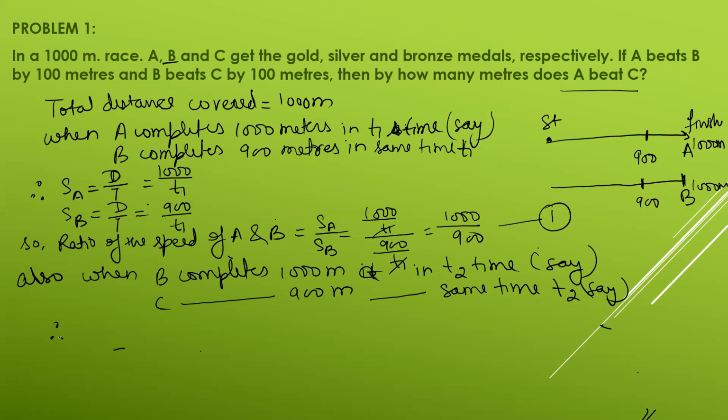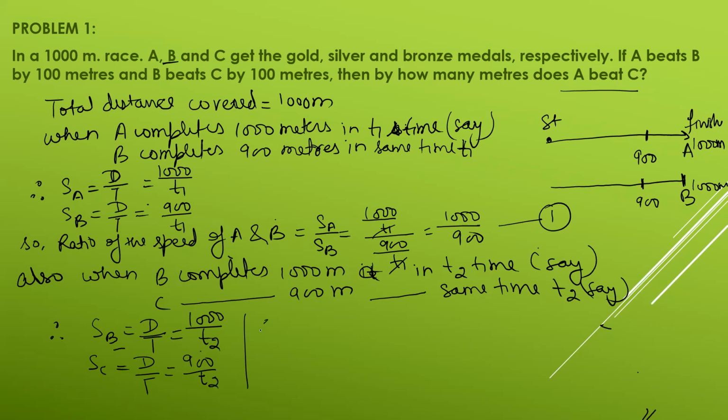So therefore, speed of B will be equal to distance upon time, which is equal to 1000 over T2. Speed of C is equal to distance upon time, which is 900 over T2.